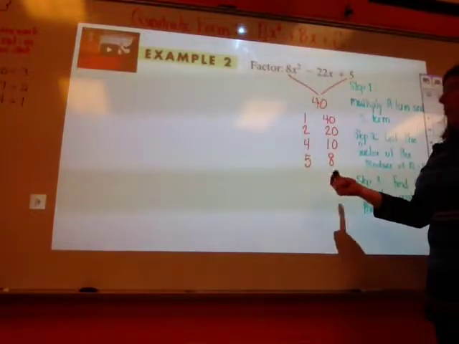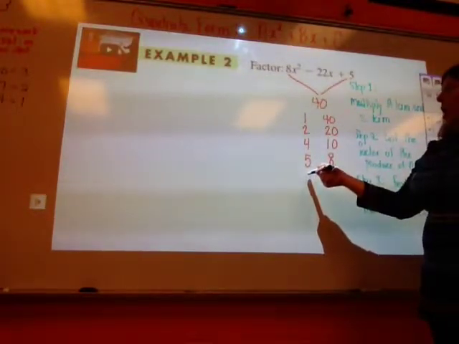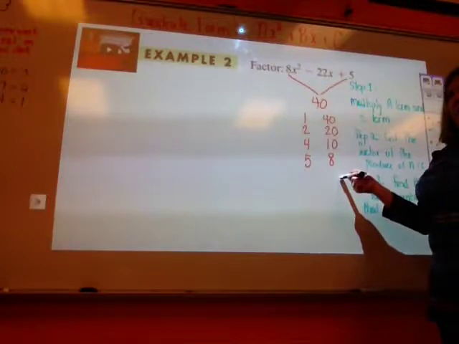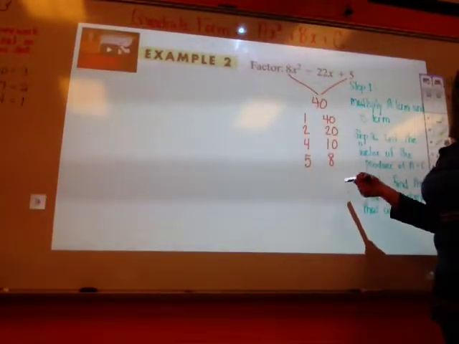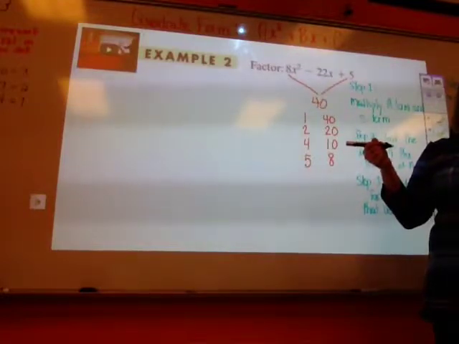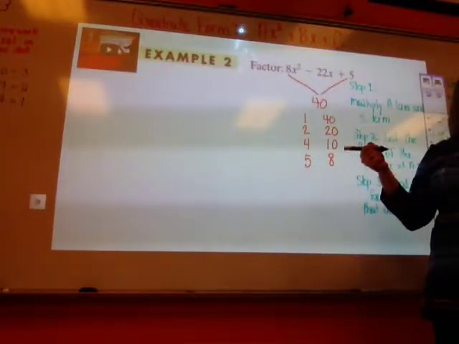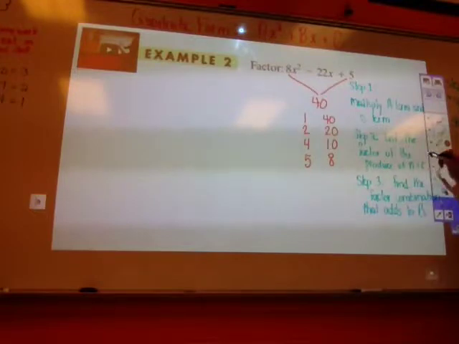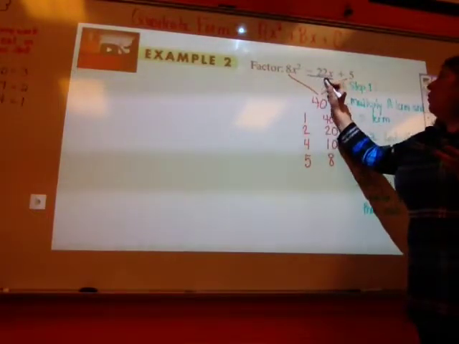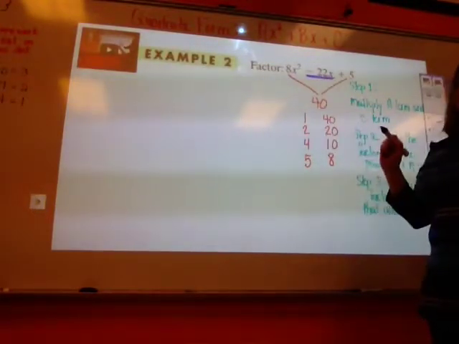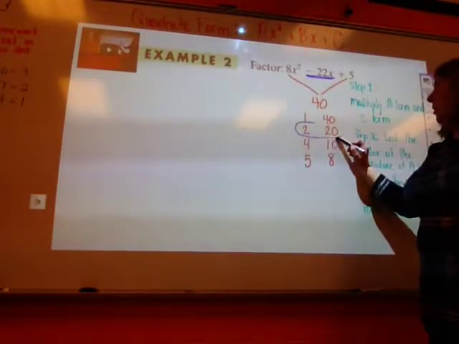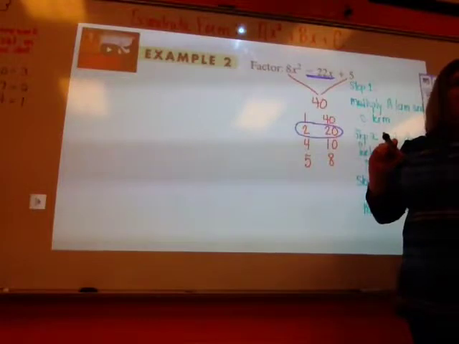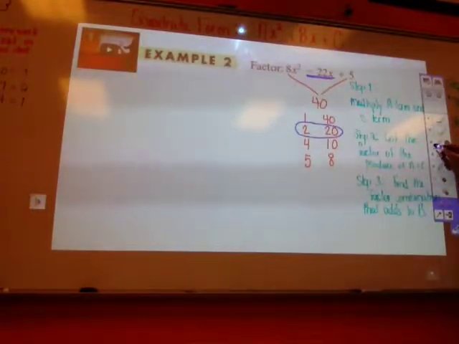And that makes sense too, because I could do a negative 1 and a negative 40, a negative 2 and a negative 20, because two negatives get me a positive, right? Okay, so I'm still looking to add the one that gets us to 22. And which one is that? 2 and 20, right?